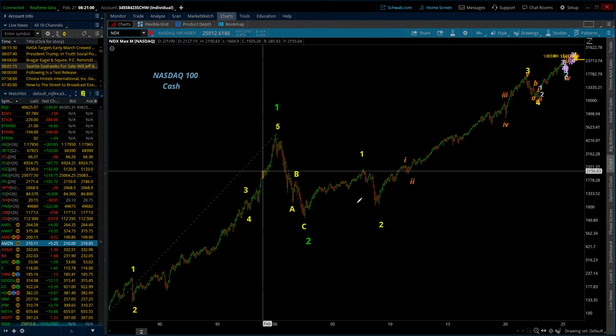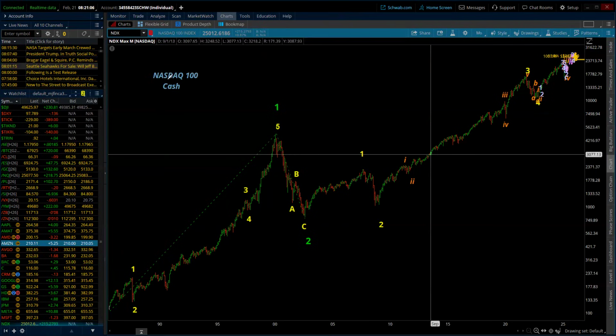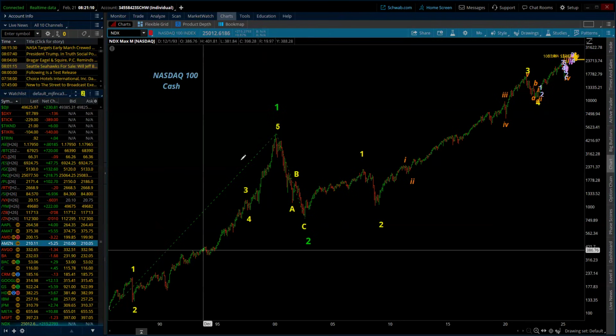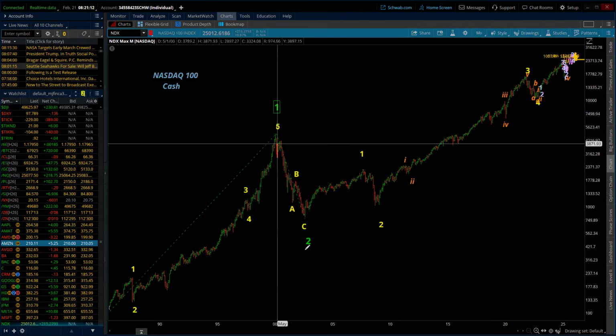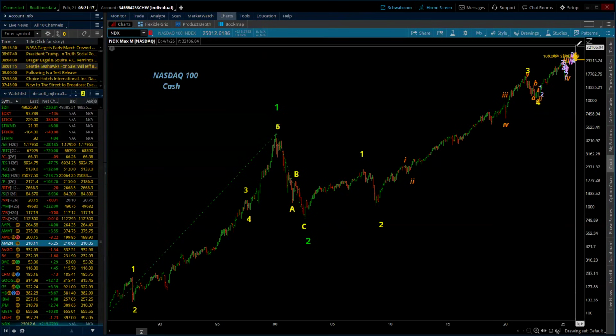All right, so we will continue this. I'm going to weave it into the conversation, but let's just start to see where we are. So again, our largest amount of data that I have right here in front of us, we're on primary one, primary two. We're still in the process of finishing primary wave three, which I do have a count that could suggest that primary wave three is done.